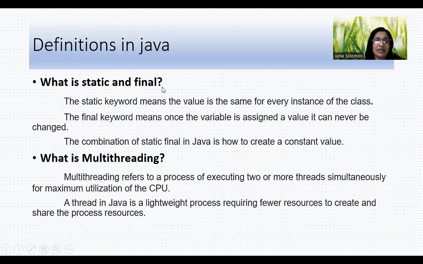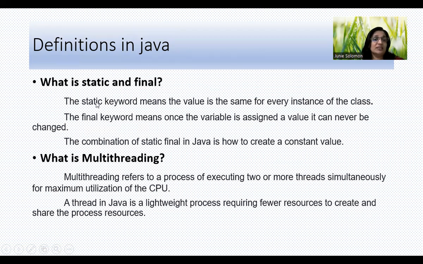What is static and final? Static means, suppose you have 5 employees, and every employee's company name is the same. Why should I create the company name for all objects? If I have 5 objects, 5 object variables will be created.